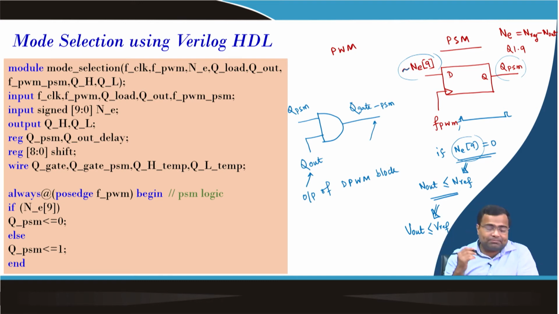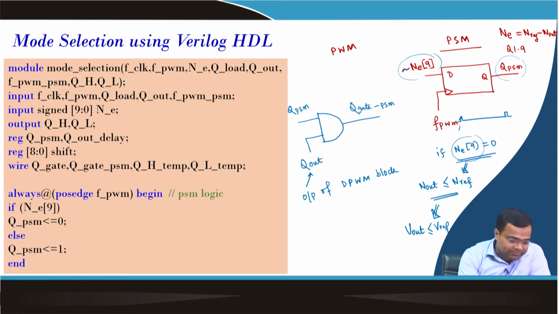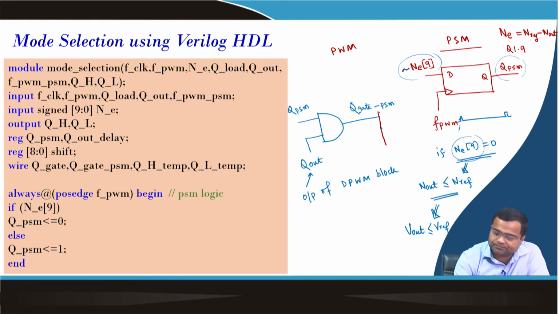But we have the choice whether to set the PSM or select the PWM. So this is 1, this is 0, and it will simply take Q out, which will be your actual Q gate, and this is your FPWM PSM, the mode logic.